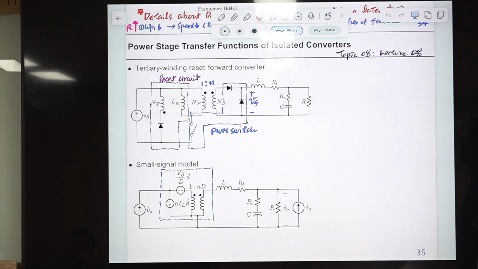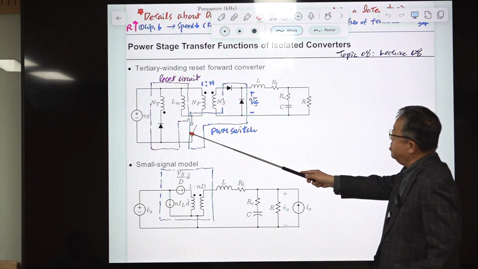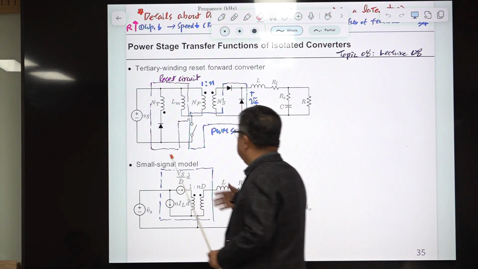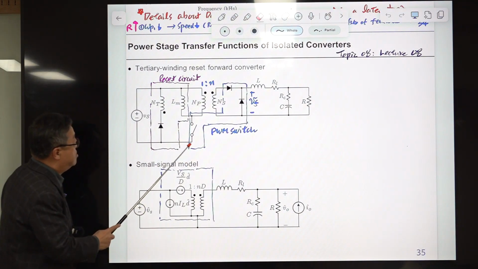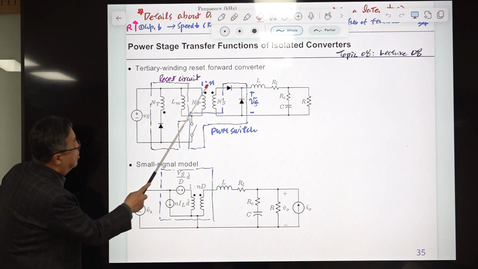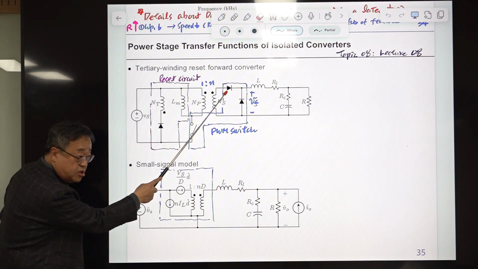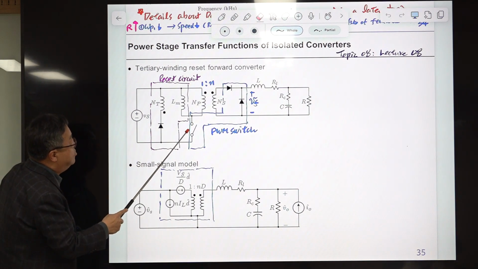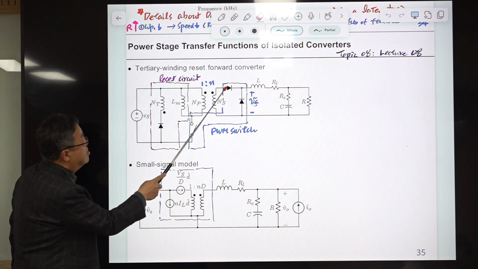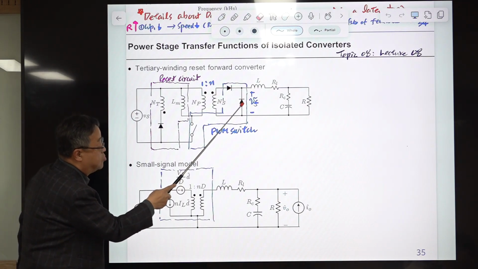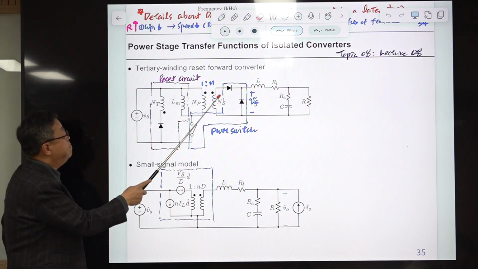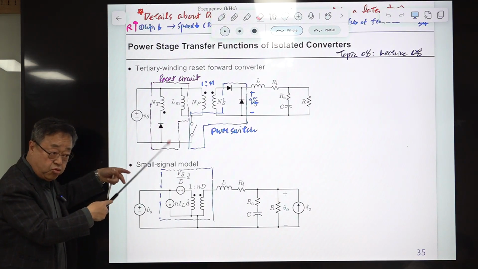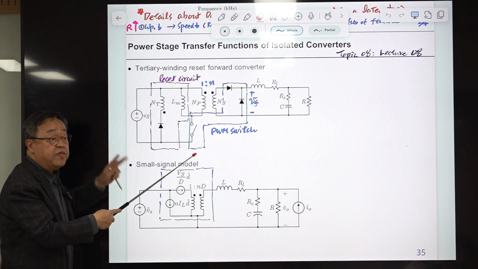We have 3 switches, 1 active switch and 2 diodes. But during the operation, the basic operation principle is if this is connected, then this diode is conducting automatically. And when this is turned off, then this diode is turned on. So in terms of its operation, this situation is very similar to the buck converter with one exception.